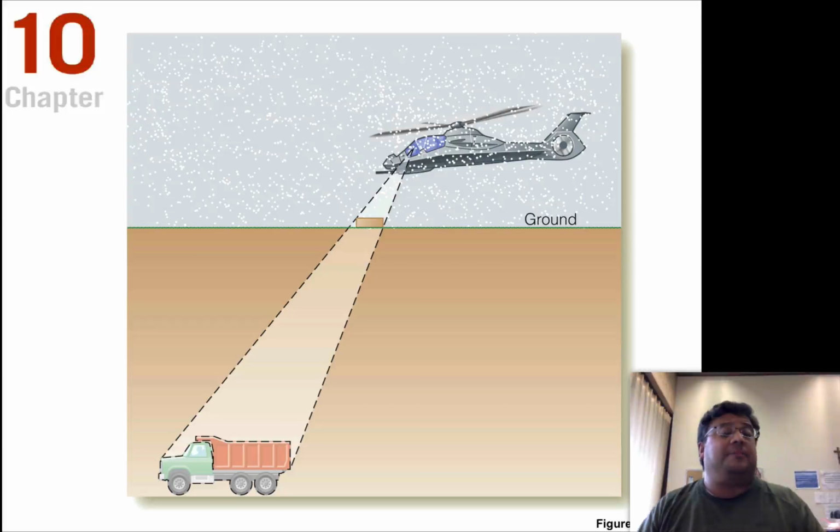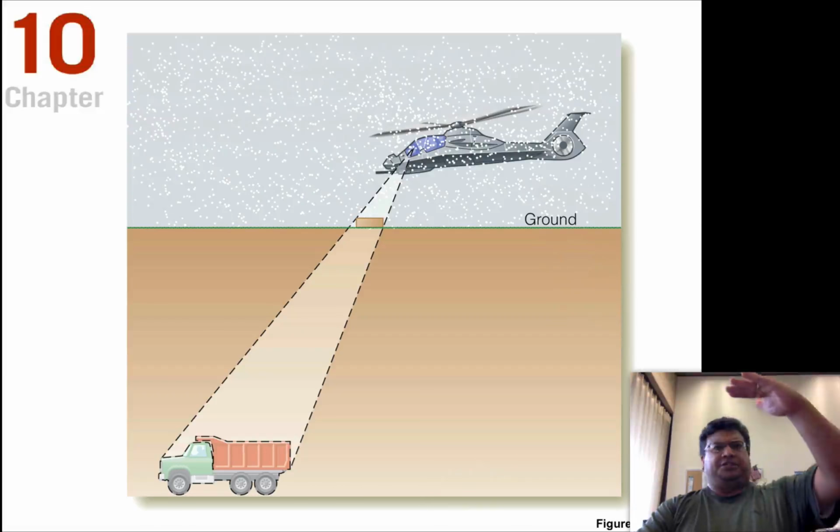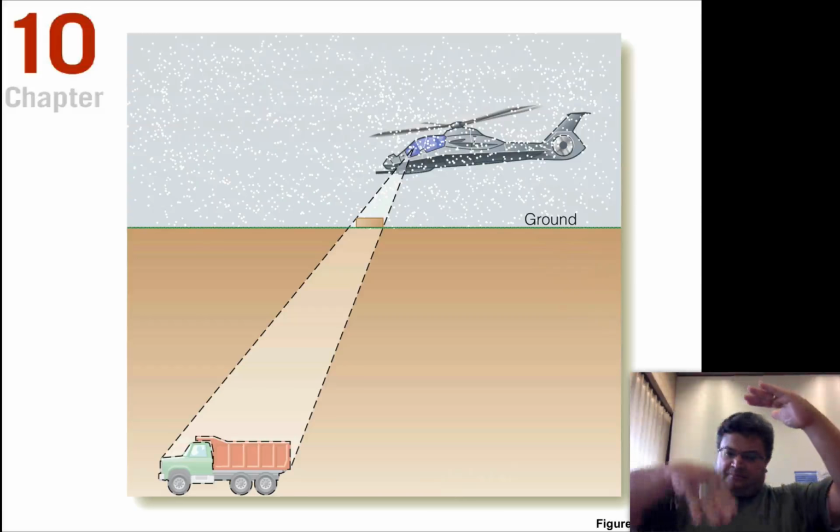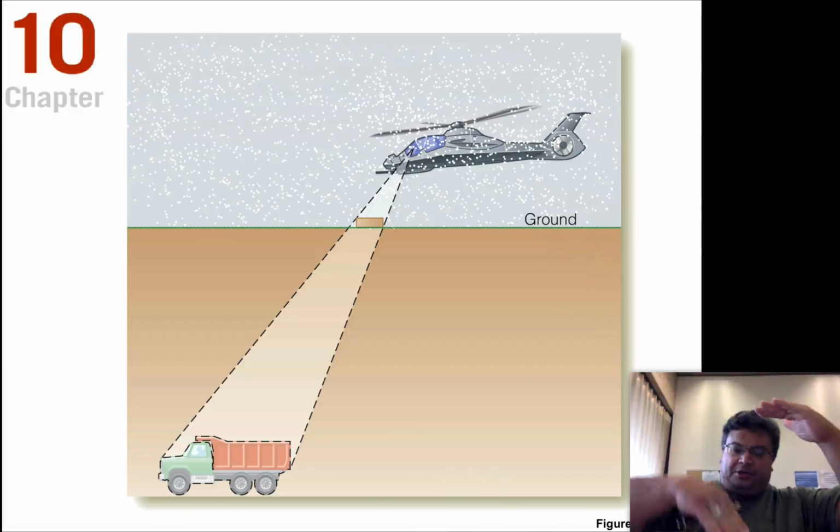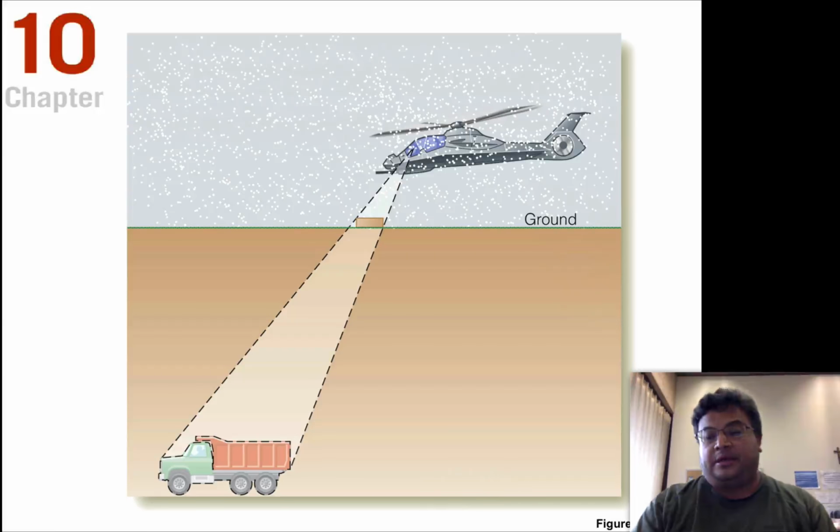And this does happen to pilots. In the absence of depth cues, sometimes they get disoriented and they will crash. If you're looking at that little box on the ground and you think it's a big building, but it's in fact a car, you're going to think, oh, I've got all this space between me and the ground. I can go down, and what's going to happen is you're going to hit the ground. This does happen.